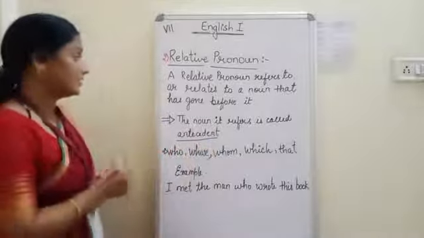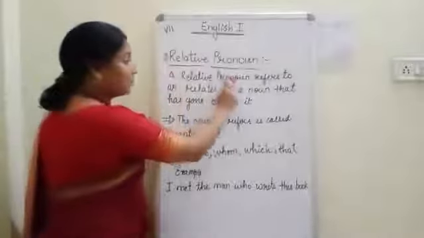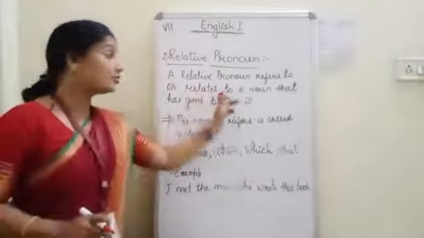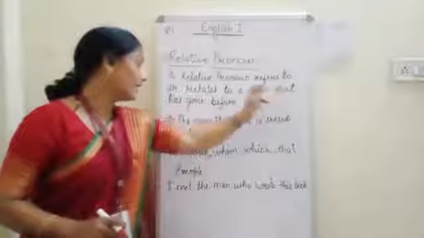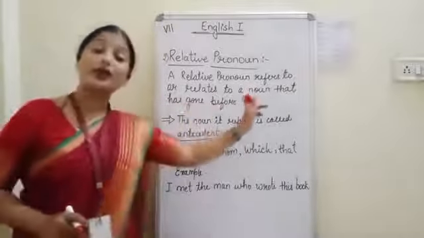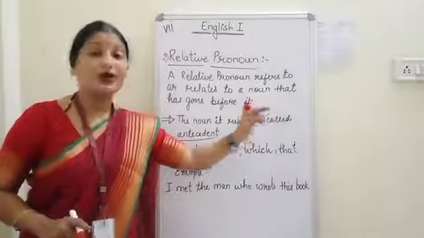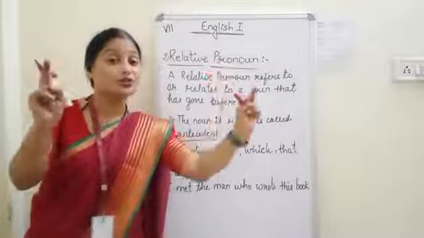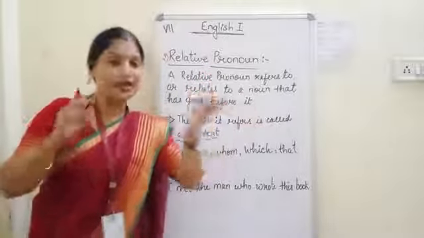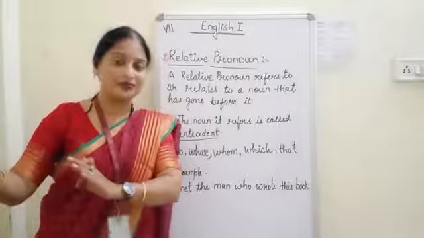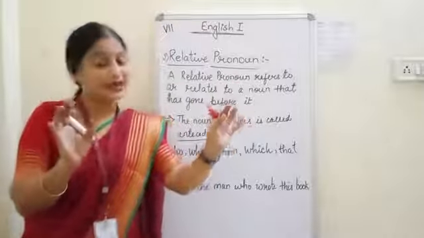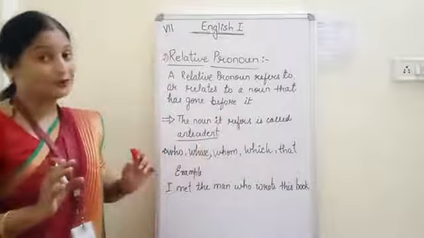Now see the definition. A relative pronoun refers to or relates to a noun that has gone before it. So the word that is used to relate the two nouns, one previous and another next, that is called the relative pronoun.